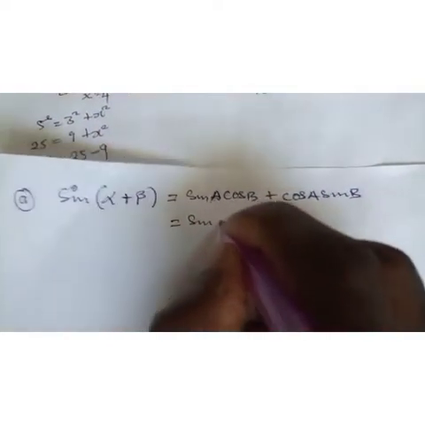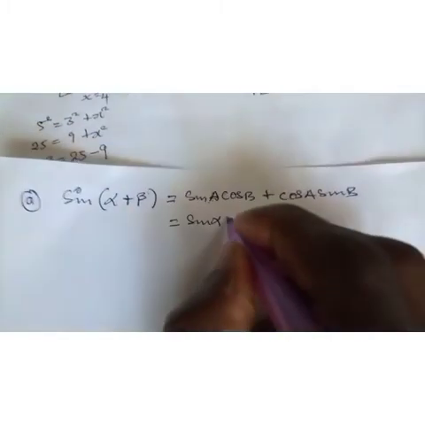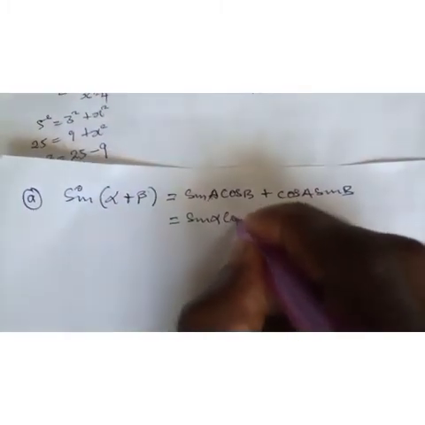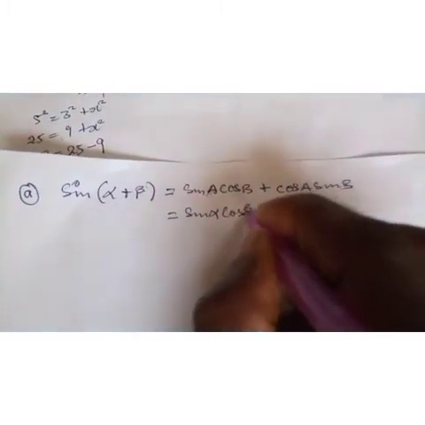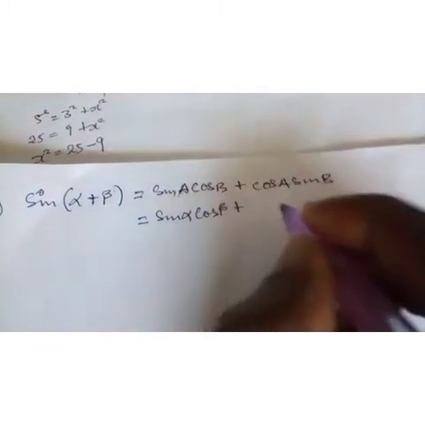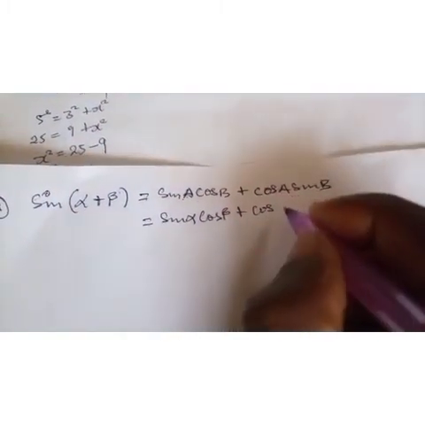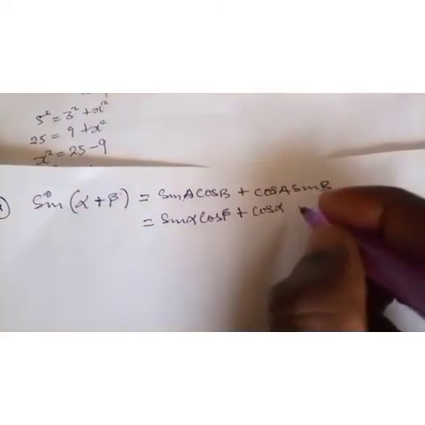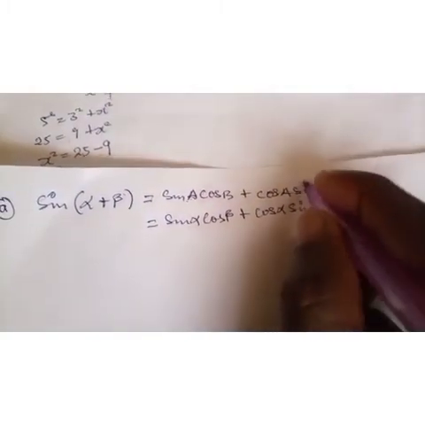So sine alpha plus beta is equal to sine alpha cos beta plus cos alpha sine beta.